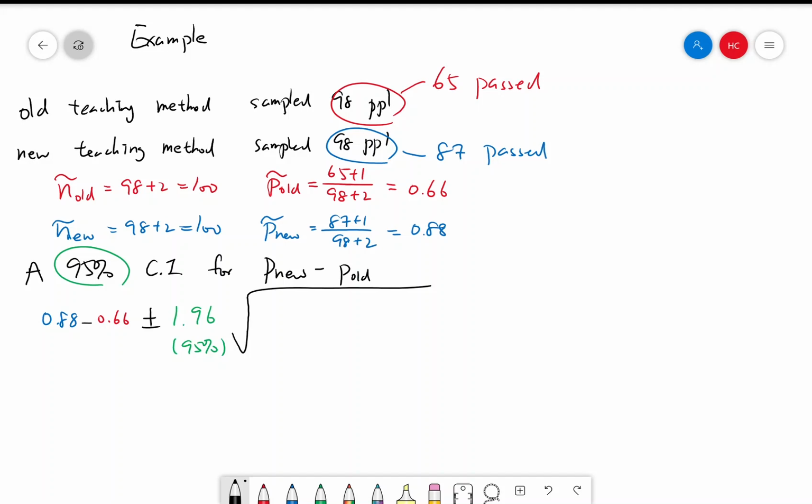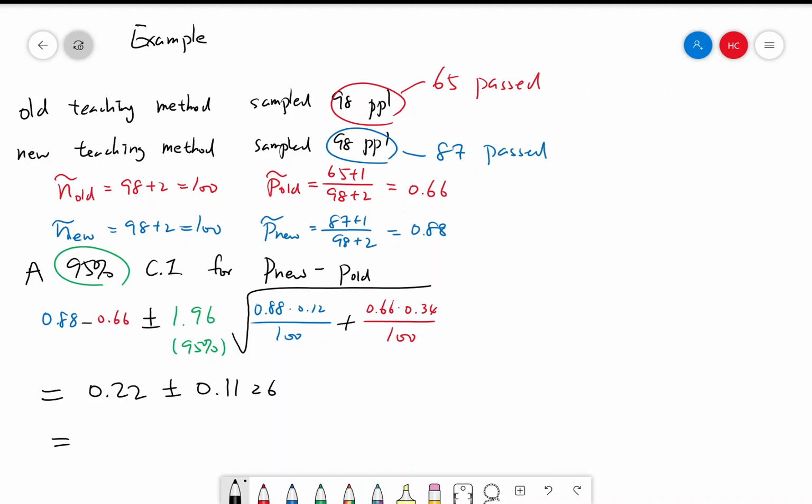The square root, and the first term is going to be P new tilde, which is 0.88, times 1 minus that, which is 0.12, over n tilde, which is 100. Same thing for the second term: 0.66 times 1 minus 0.66, so it's 0.34, over n tilde, so it's 100. And using a calculator, this is going to be equal to 0.22 plus minus 0.1126.